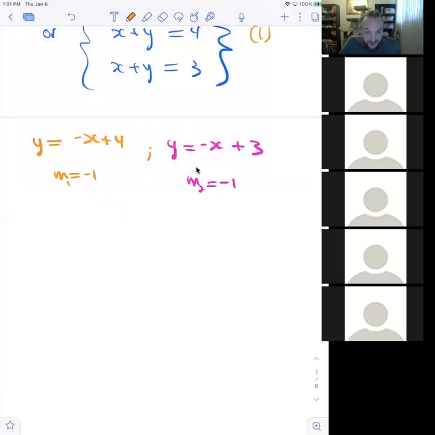And what does the mean value theorem say from calculus? The mean value theorem says that the instantaneous rate of change has to equal the average rate of change. These are slopes. When are slopes equal? When they're parallel. The lines are parallel in the mean value theorem. Here, what does this say?